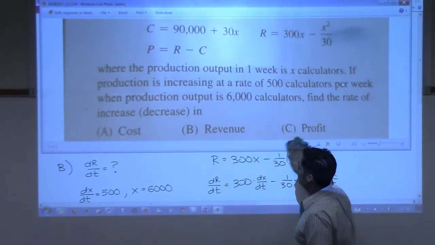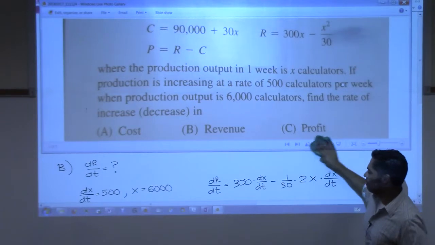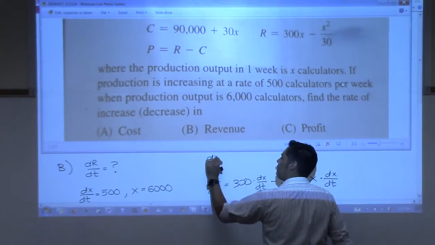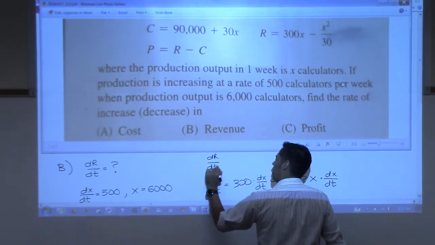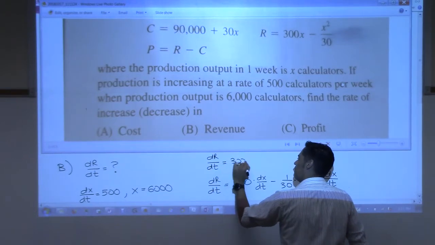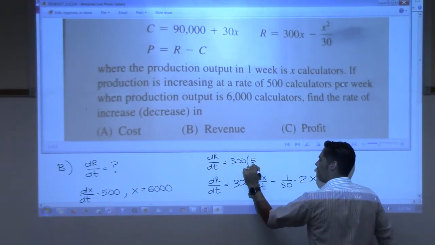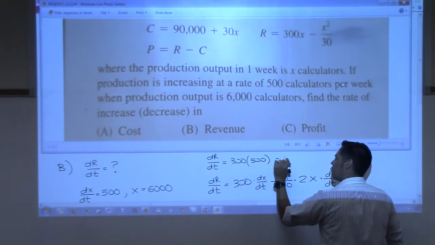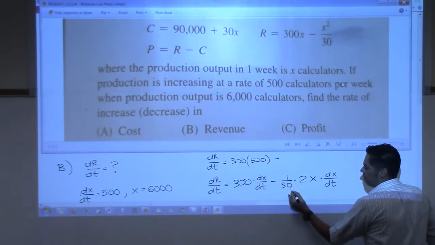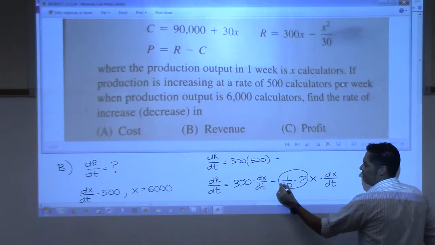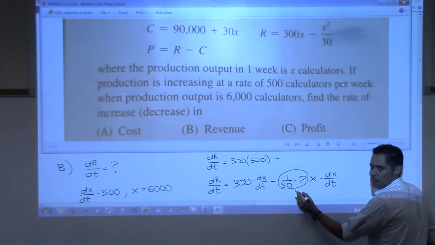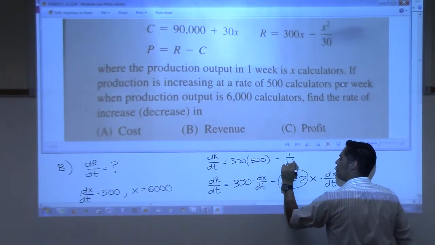Any questions? dr dt equals 300 times 500 minus, let's see, that right there is really 1/15 if I reduce the fraction.